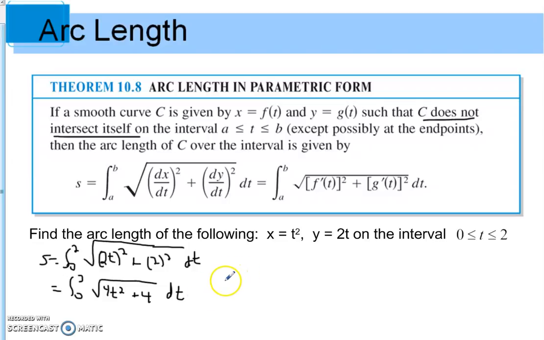Now, you may or may not remember how to do that, and I'm guessing this is one of those kind of ugly ones. You could maybe notice we could factor out a 4 and pull that out as a 2, since the square root of 4 is 2. We could certainly do that, but we're still left with the square root of t squared plus 1 underneath that radical. So let's go ahead and look at the tables.